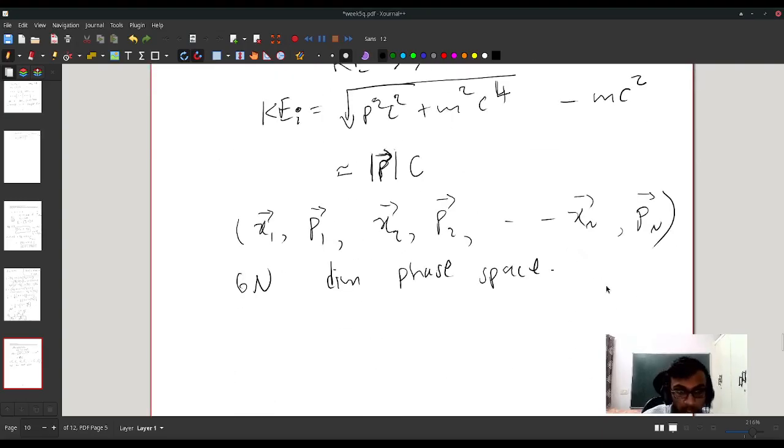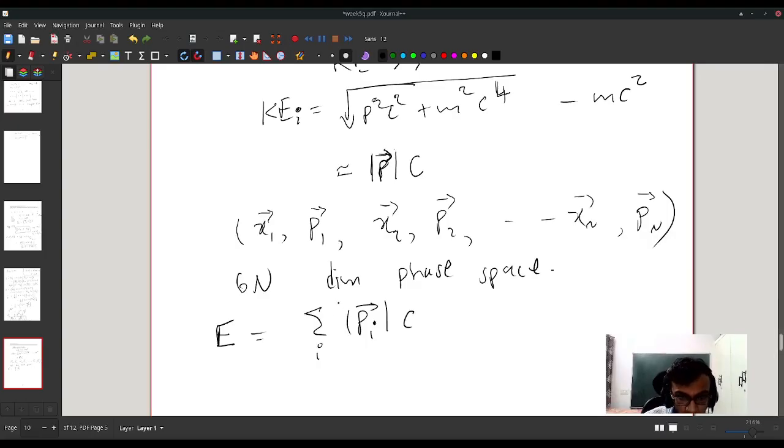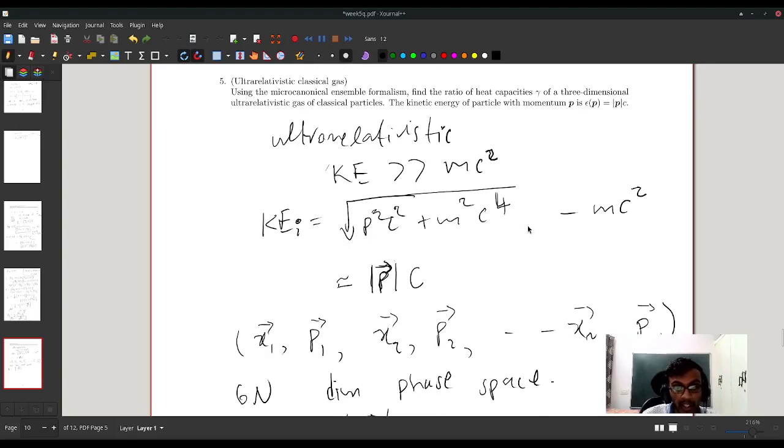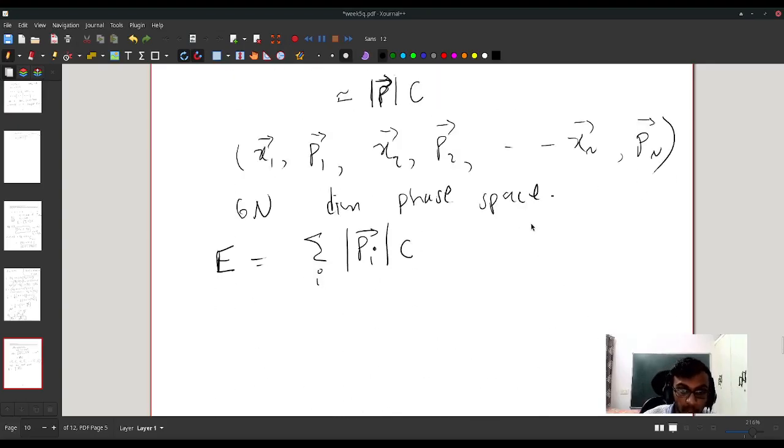The total energy, the energy function, is the sum over i of the magnitude of p_i times c. I might have forgotten to mention this: this is an ideal relativistic gas with this dispersion, so there are no interactions, no potential energy for interactions, and no external potential.